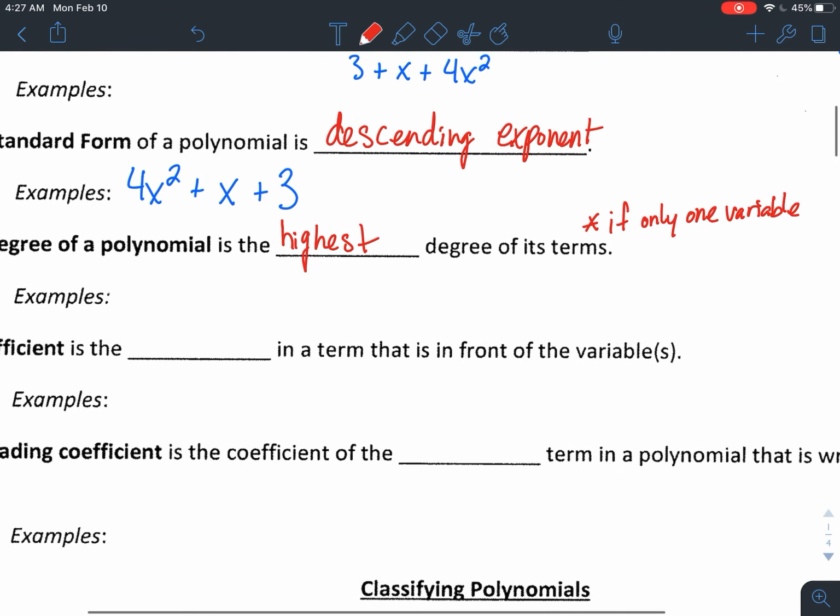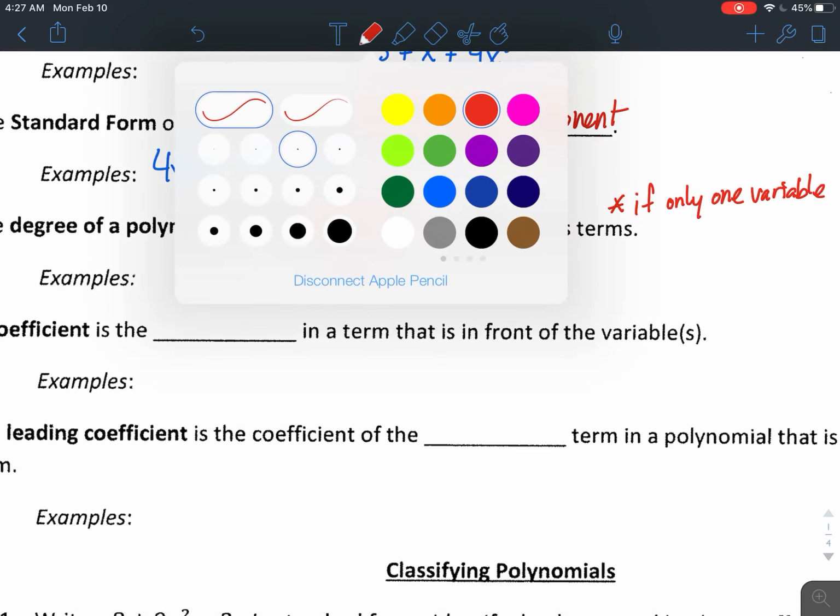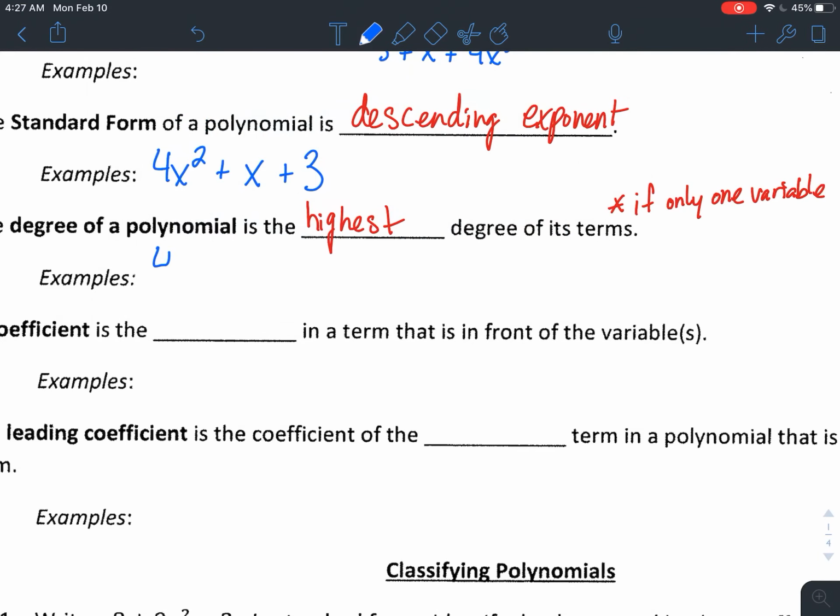So for the one that we were just looking at, 4x squared plus x plus 3, the degree of this polynomial would still be 2, because the highest degree of x is 2.